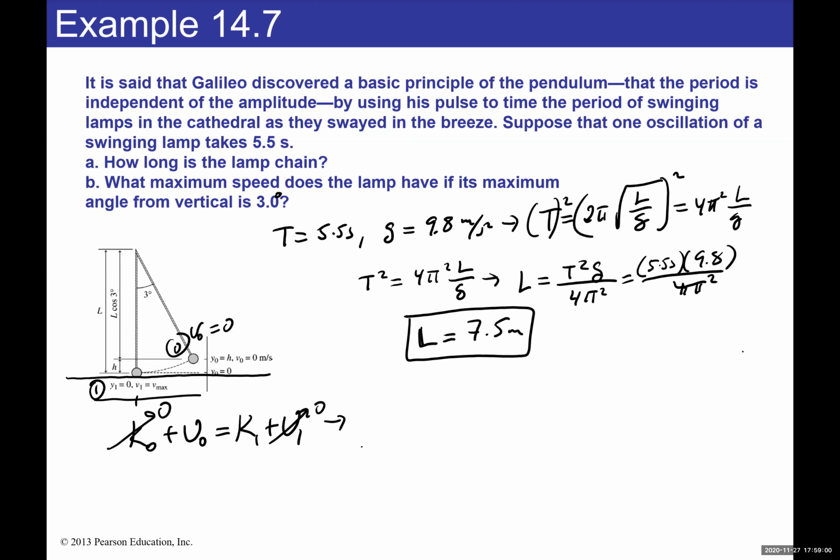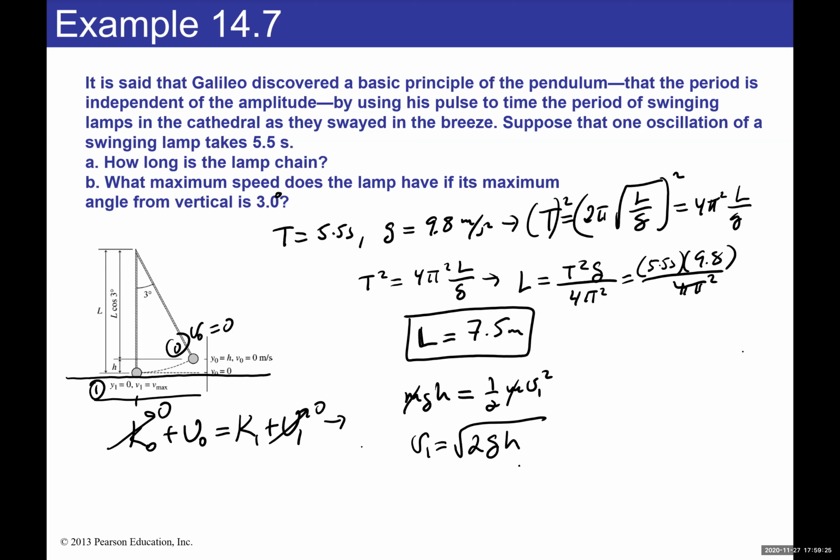All I have is the potential energy at point 0, given as mgh. This is equal to the kinetic energy at the bottom, which is 1/2 mv squared. Now, I can cancel the mass because mass is unimportant in this case. Then v1 equals the square root of 2gh. Rearranged, that's what I get.